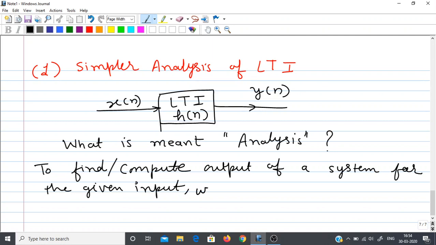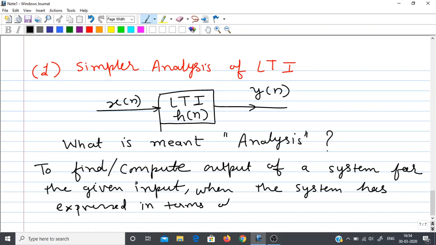When the system has been expressed or represented in terms of some mathematical model, it means you are not given the actual system.